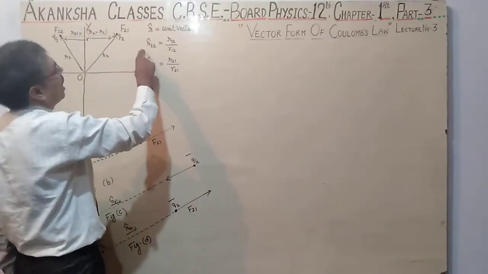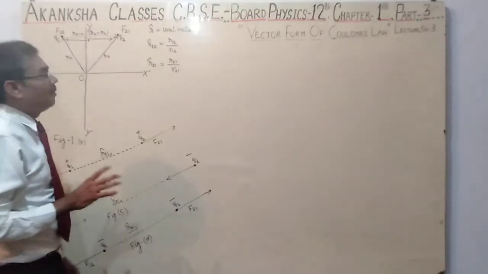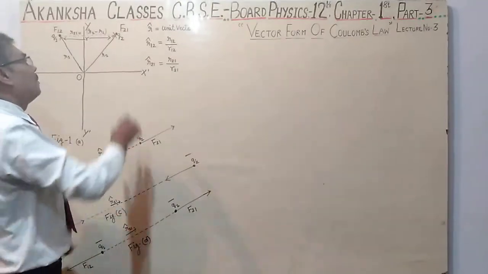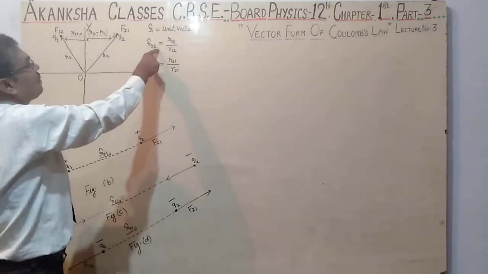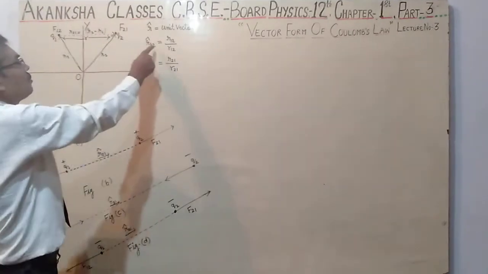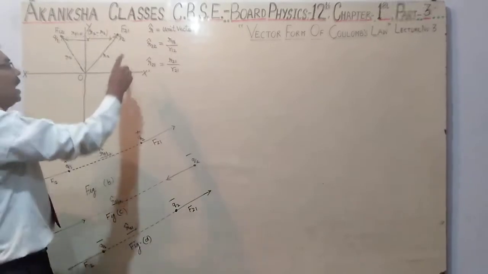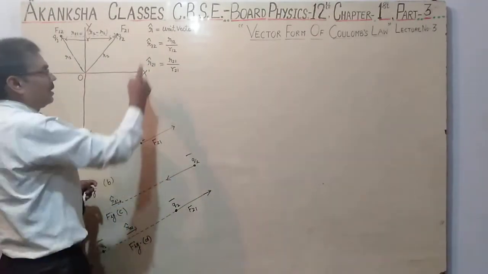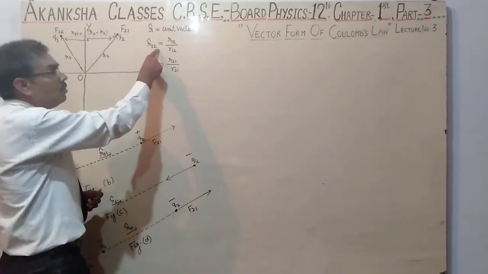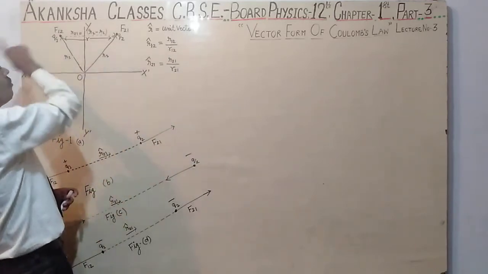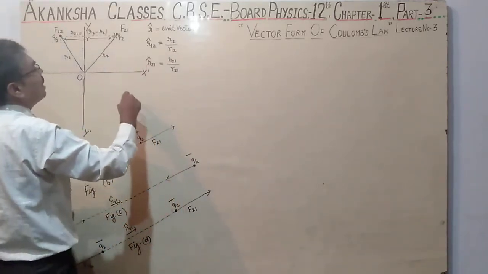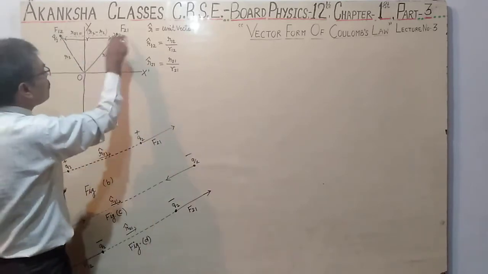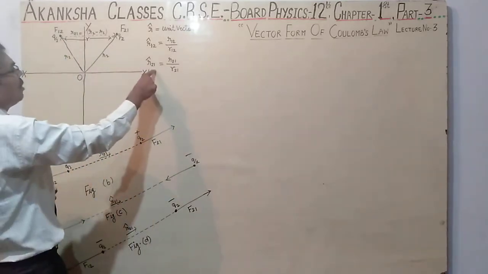Here r cap 12 means the unit vector from 2 to 1. Any unit vector is drawn from 2 to 1. Here, the unit vector from 1 to 2.